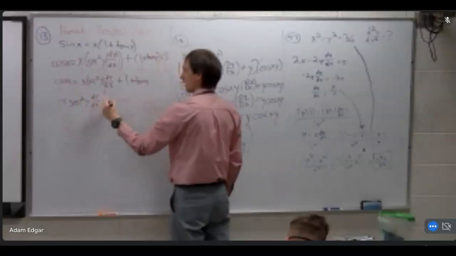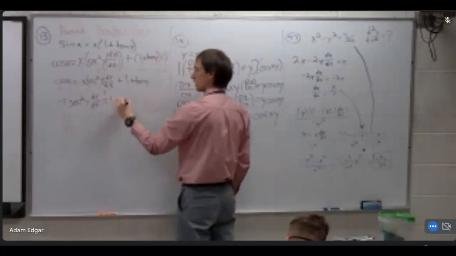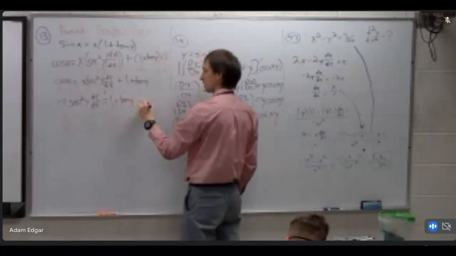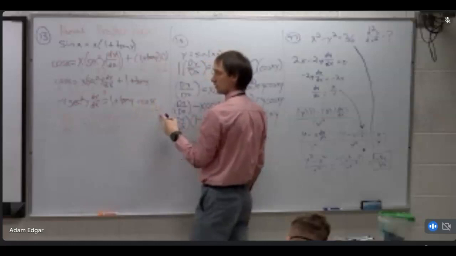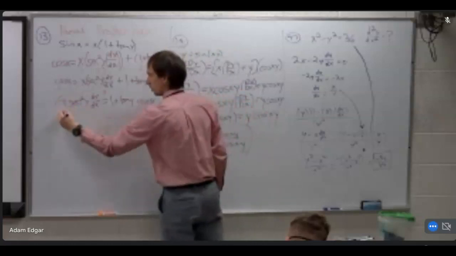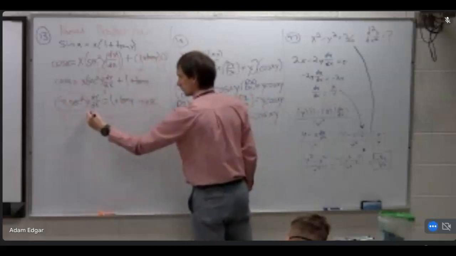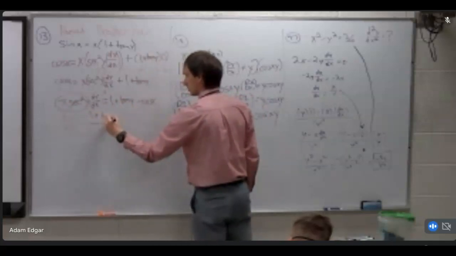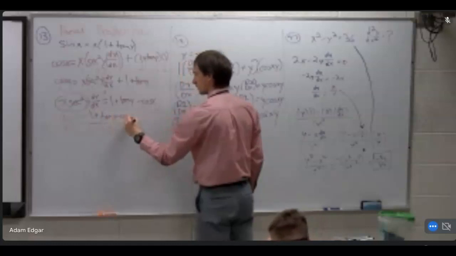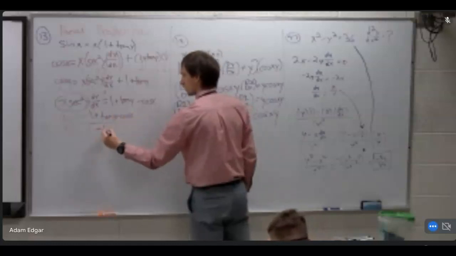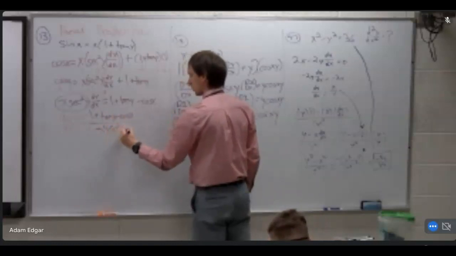And that equals this 1 plus tangent y is there, and you subtract it with cosine x. And then you divide all this stuff to get the dy/dx by itself, and you're good. You get 1 plus tangent y minus cosine x over negative x secant squared y.